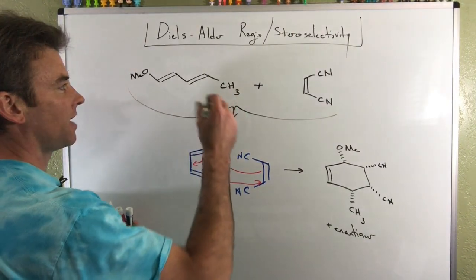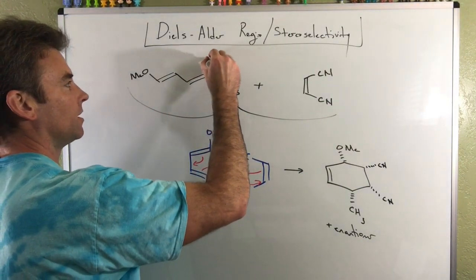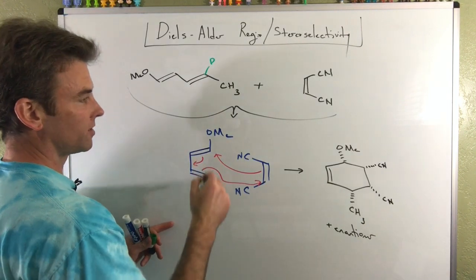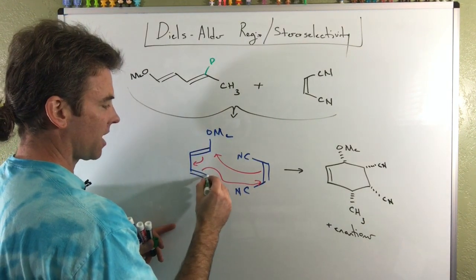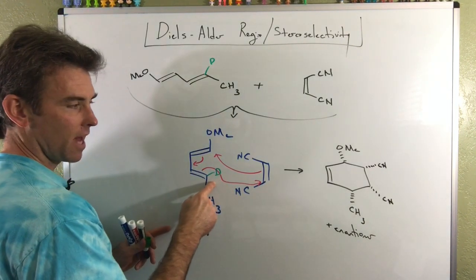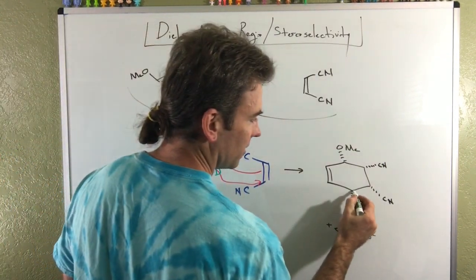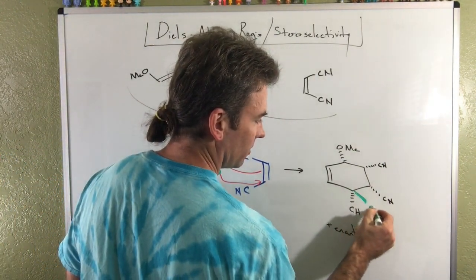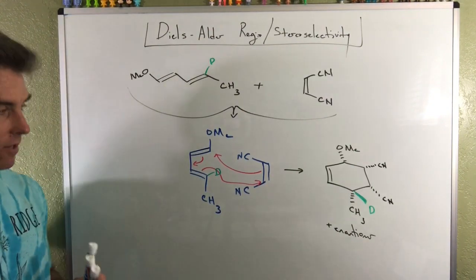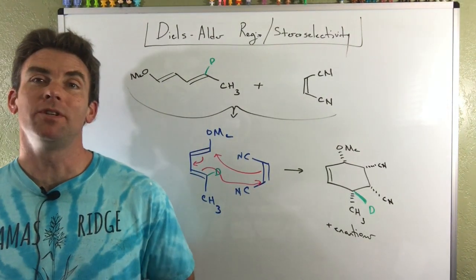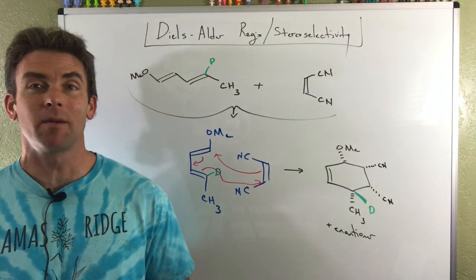Let's say I had some not very bulky group, like deuterium, because I don't want to slow down the Diels-Alder reaction. That deuterium would then be projecting out like this. And so hopefully this helps you to understand the stereochemistry of these things.